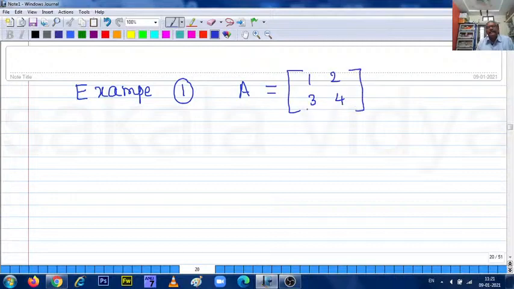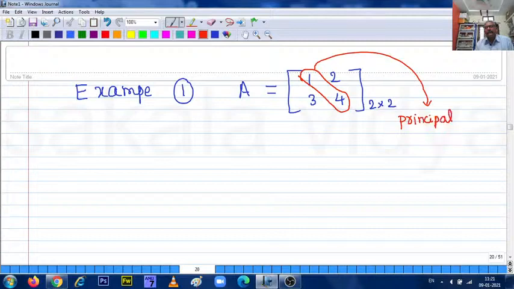Can this be a square matrix? Yes, it is 2 by 2. So these are the principal diagonal elements. This is called the principal diagonal.